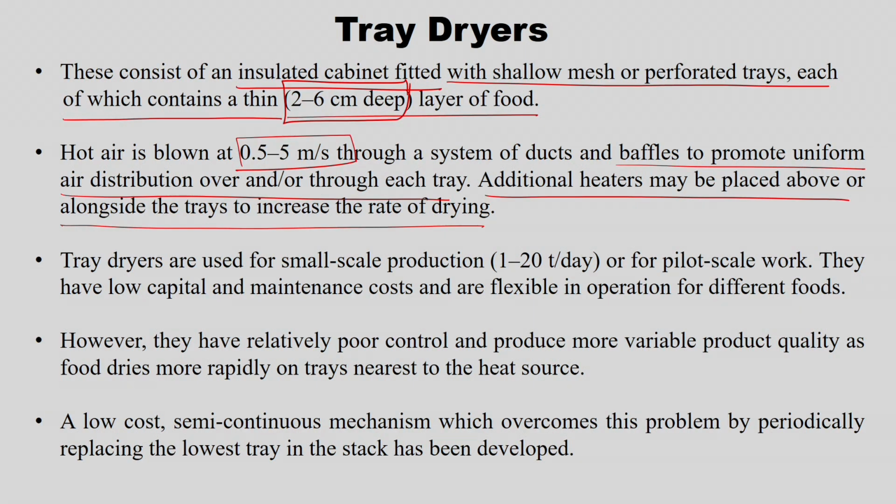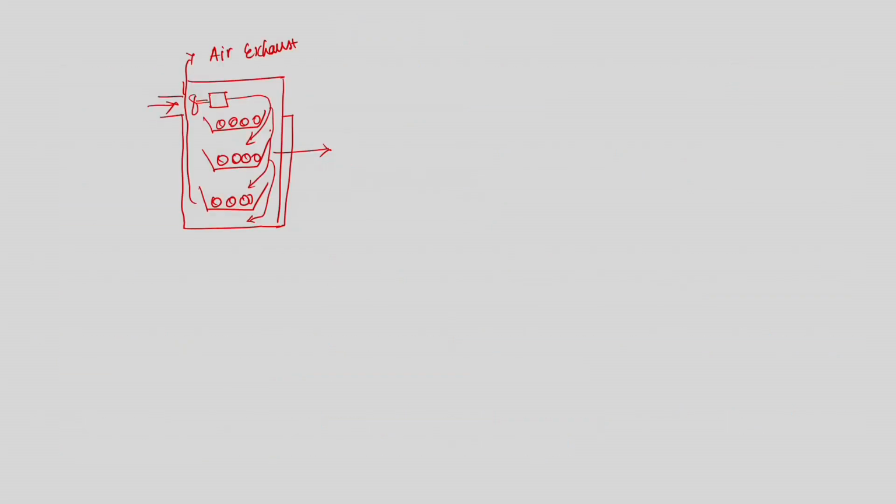What we wanted to tell here is that a system of ducts or baffles promotes uniform air distribution over and or through each tray, because here there is no guiding rod. If we keep baffles or guiding rods, it will help the air pass through each tray more economically.